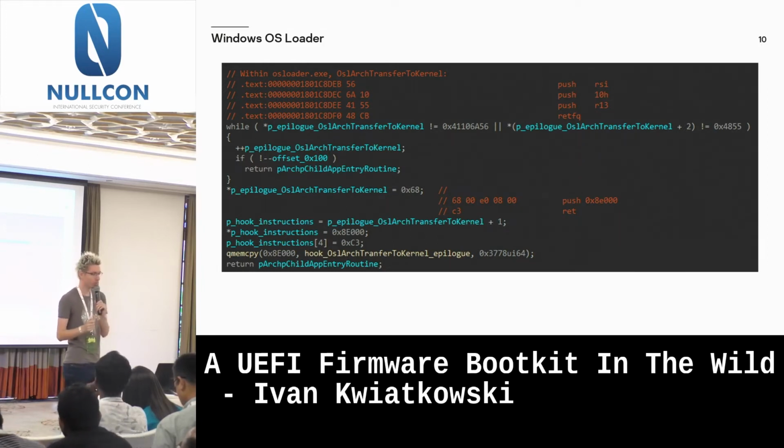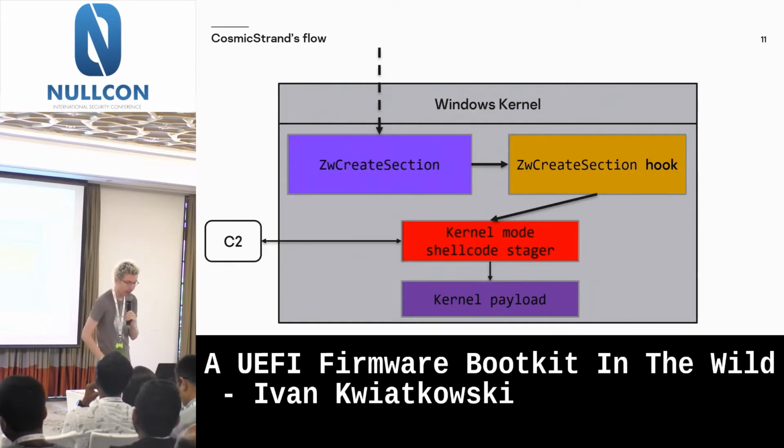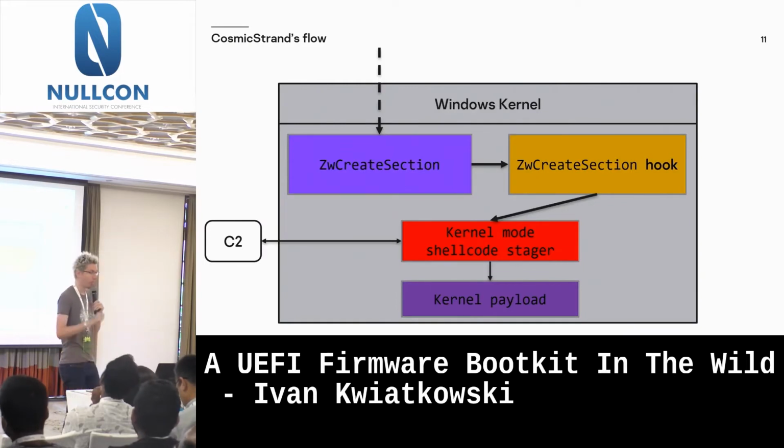Now, this function wasn't chosen at random. It is called just before the execution is transferred from the Windows loader to the Windows kernel, and this is a really traditional point for hooking when it comes to rootkits and bootkits. And now finally, when this final hook is being invoked, CosmicStrand sets up a very last one to a well-known Windows function, which is called ZwCreateSection.